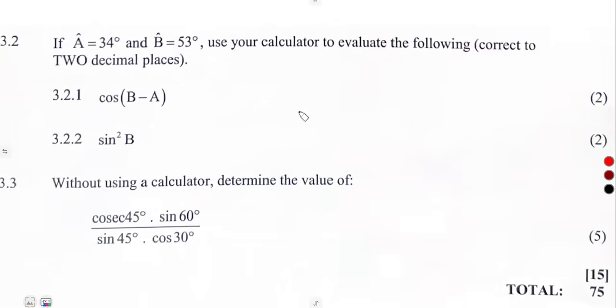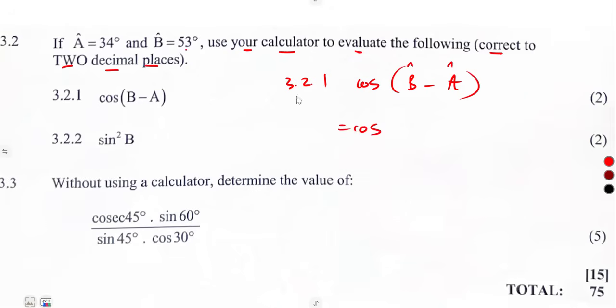Then 3.2, if angle A is 34 degrees, angle B 53 degrees, use your calculator this time to evaluate the following correct to 2 decimal places. All right. 3.2.1, the cos of B minus A. We are already told that angle B is what?